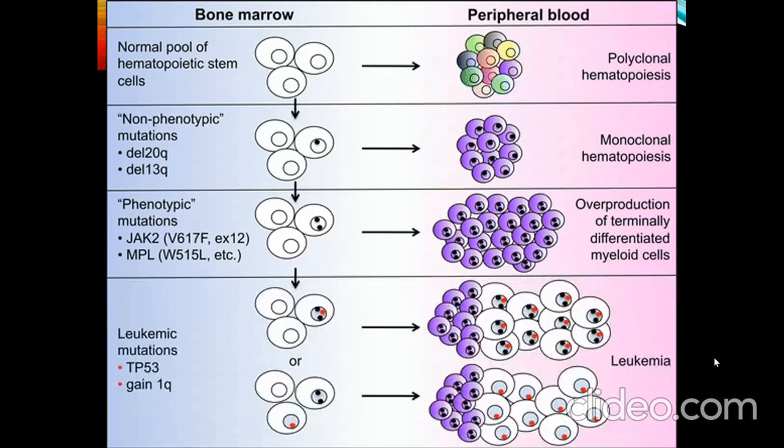Lastly, the most severe form is leukemic mutations, where the amount of overproduction of the mutated clones is so much that there is suppression of other lineages of hematopoiesis. Therefore, normal polyclonal hematopoiesis is hampered, and this picture is known as leukemias.